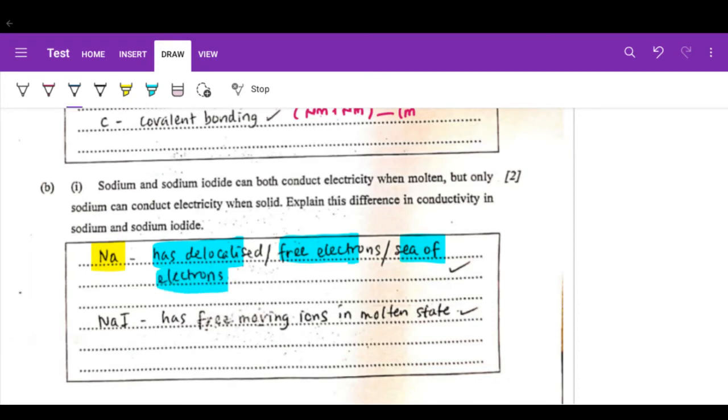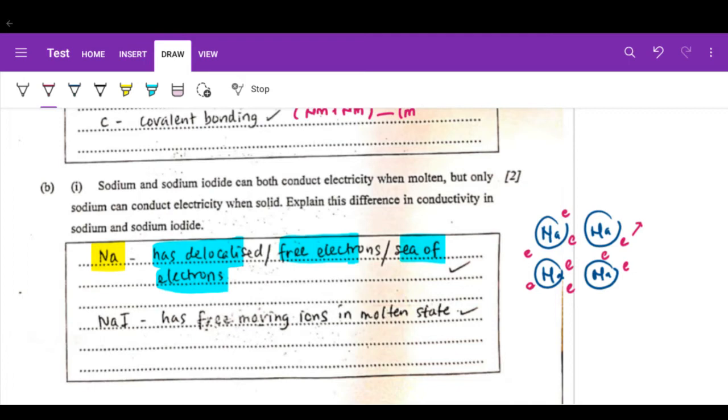Okay, so this is metal. In between the metal atoms there are electrons that are always moving. This is called a sea of electrons. These electrons carry electricity in either solid or liquid state.